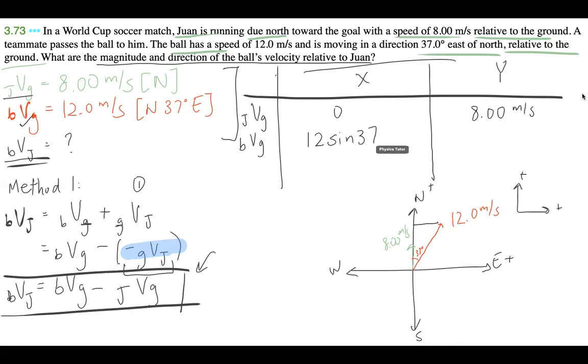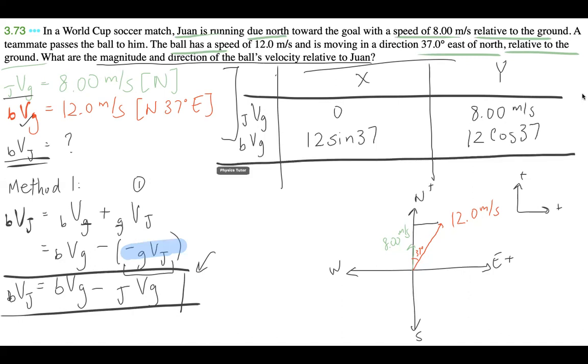So 12 sine 37. Remember, sine is the opposite and then cos is the close one. What about for y? It's also positive, so it's going to be 12 cos 37. Now, what we want is BVJ.